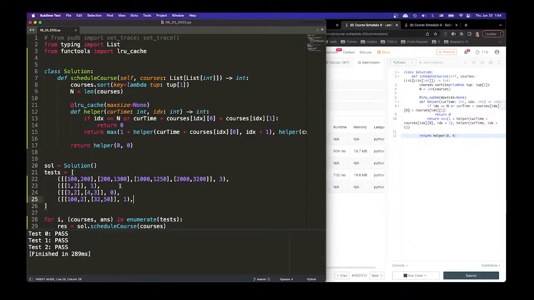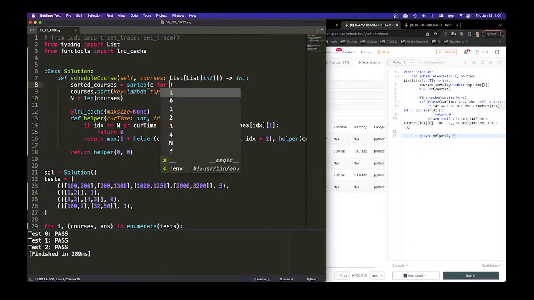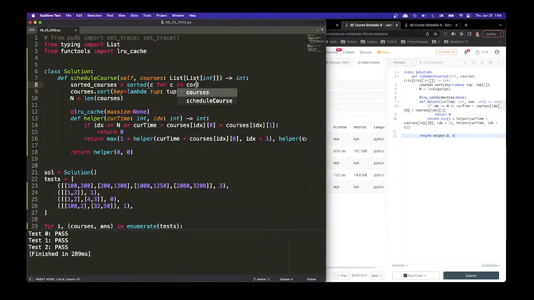All right, so we have to filter this out. Sorted, C for C in courses if C0 is smaller or equal to C1.